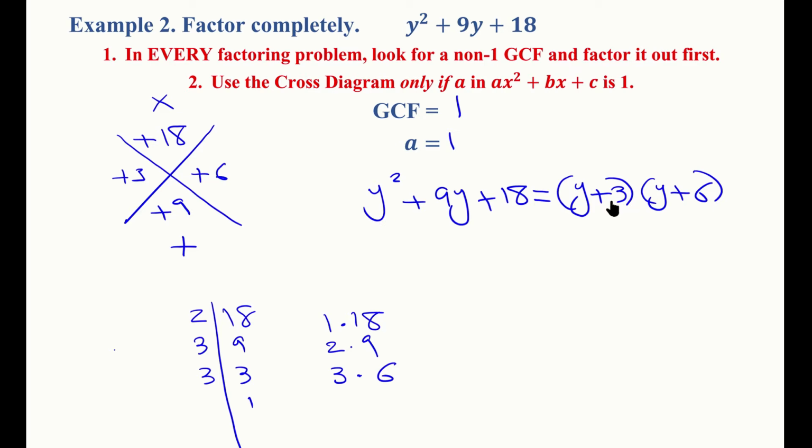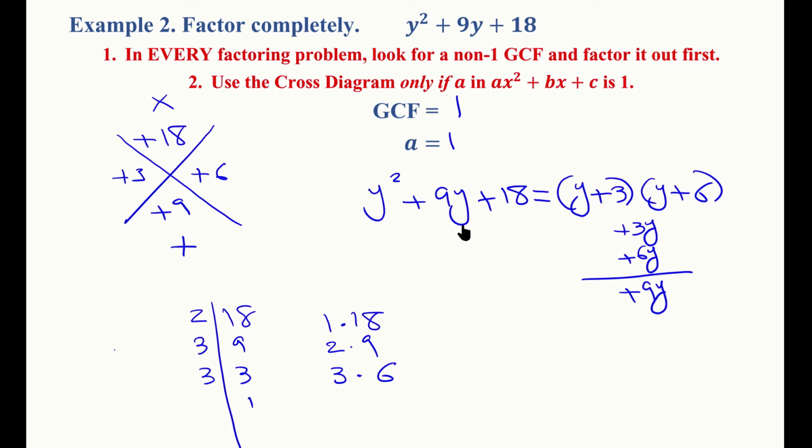You want to make sure that the last term times the last term gives you the last term, and also that the inner product, which in this case is positive 3y, and the outer product, which is positive 6y, they combine to give you the middle term. As long as you have checked those three items, your factorization will be correct.